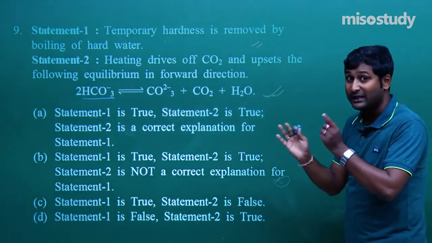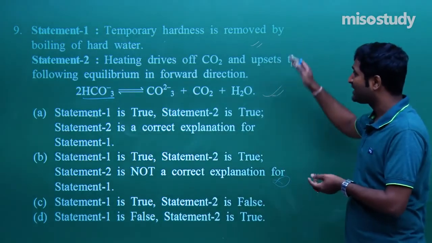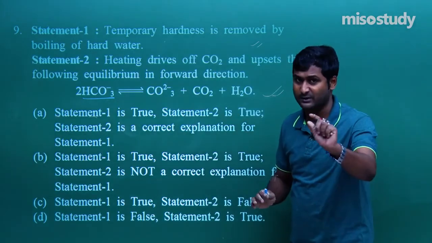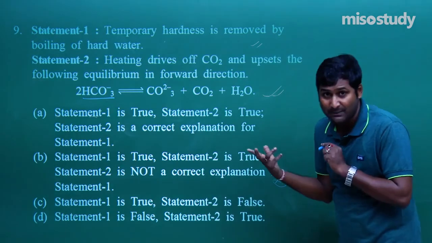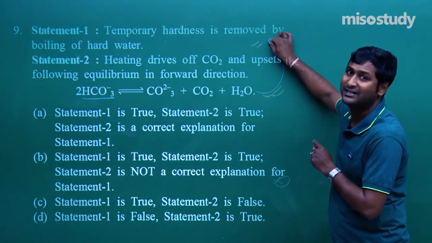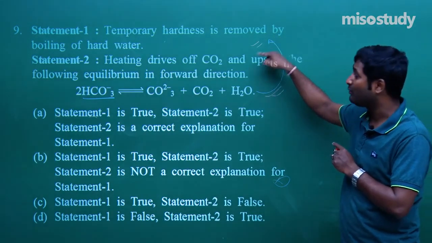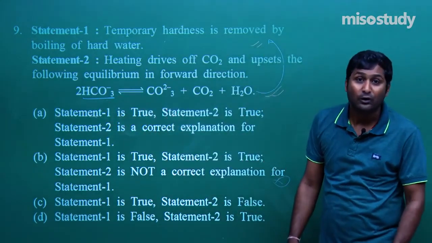So listen carefully to what I am telling. At first instant, we can say statement 1 and 2 are true, but statement 2 is not a correct explanation of statement 1. Am I right? Yes sir. But if I move toward deep knowledge, then this can explain statement 1, because bicarbonate can be converted into carbonate.